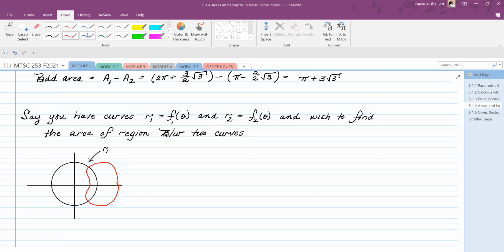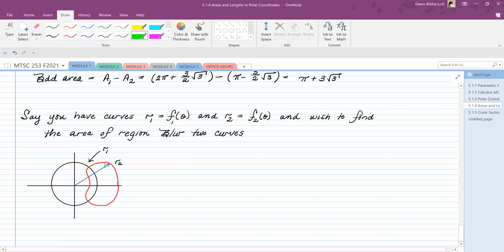So R sweeps out like this now. So R goes like this. It starts at the origin and it goes out from R1 to R2.